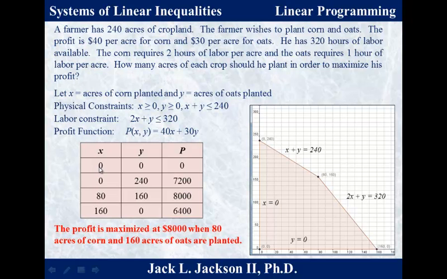And so we just write down all the vertices, (0, 0), (0, 240), (80, 160), and (160, 0), and then plug those in here, the x's and y's, to find my profit.